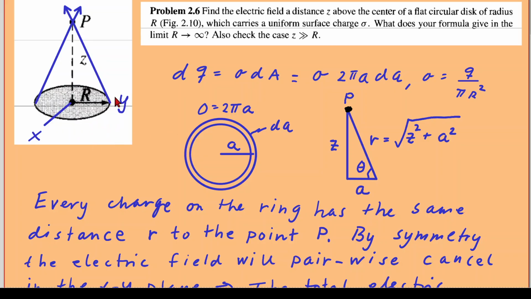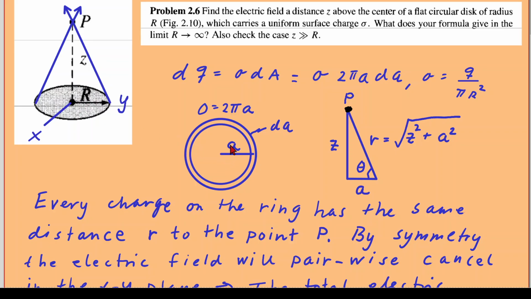So let's look at the circular part somewhere in this disk, like this one. This is the infinitesimal element that I'm going to use. Note that the radius here is a, but it's capital R for the whole disk. So I'm choosing another radius a, which we can vary.